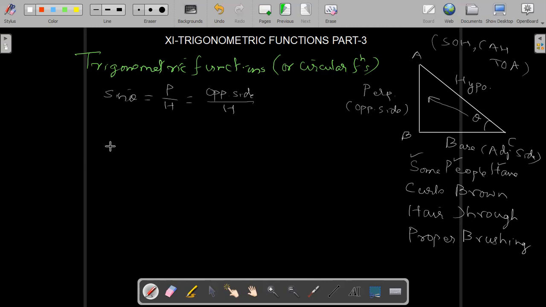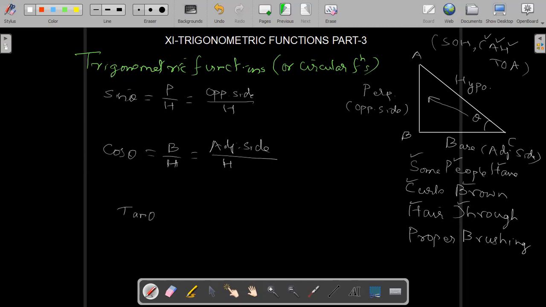Sine theta, then cos theta: B upon H. C for cos theta, B base, upon H. H is hypotenuse, and base we can say is the adjacent side, so cos theta is equal to adjacent side upon hypotenuse. Correct? Then T for tan theta.